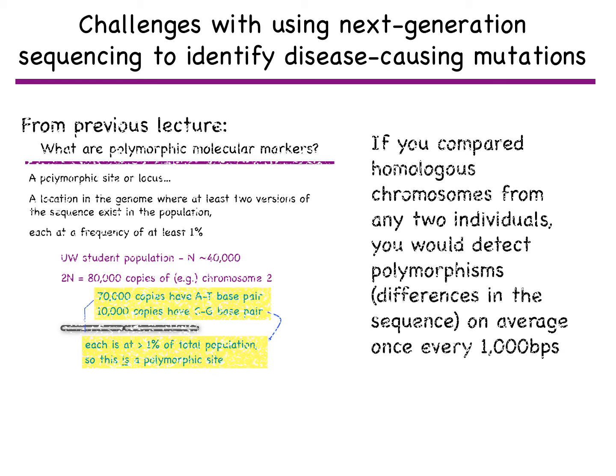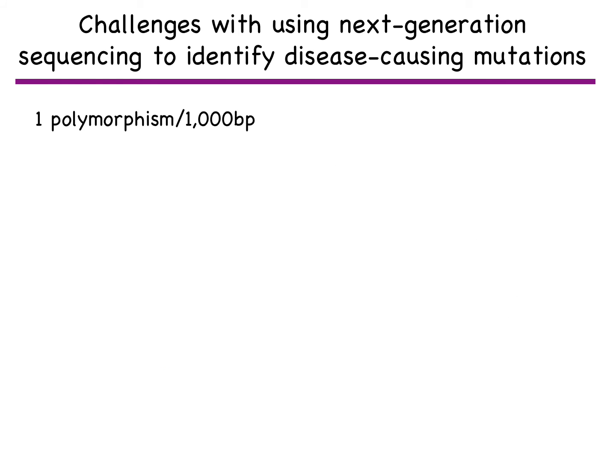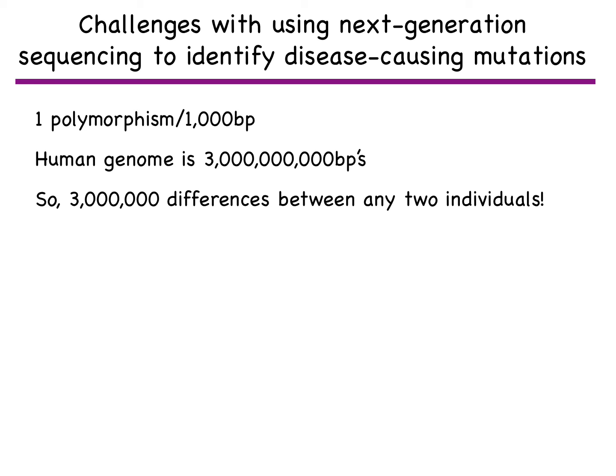So let's do a little bit of math here. If there's one polymorphism on average per 1,000 base pairs, and the human genome is 3 billion base pairs in length, if you compared all the homologous chromosomes you inherited from your mom and from your dad to one another, you would detect about 3 million differences between them all told.